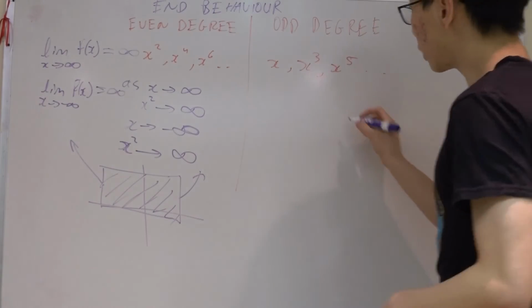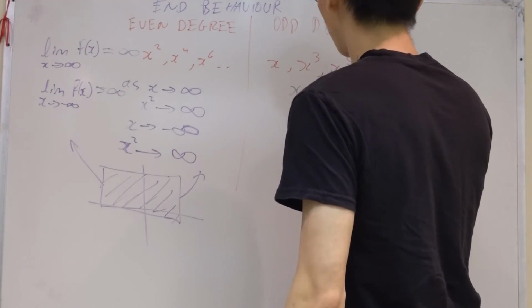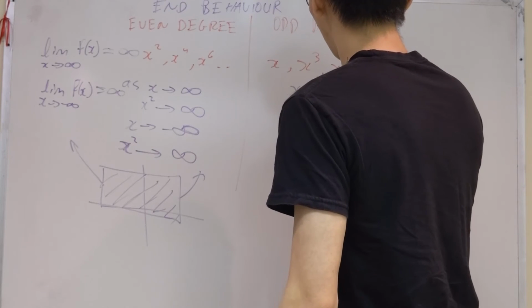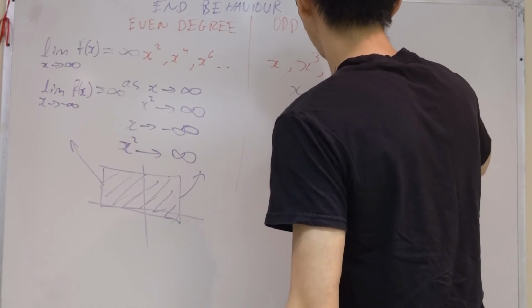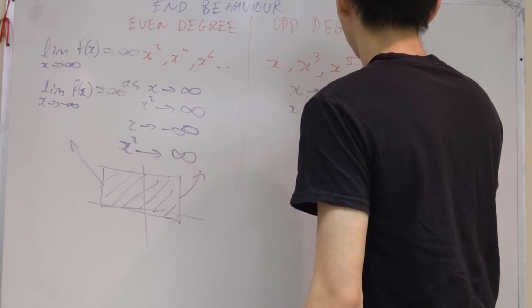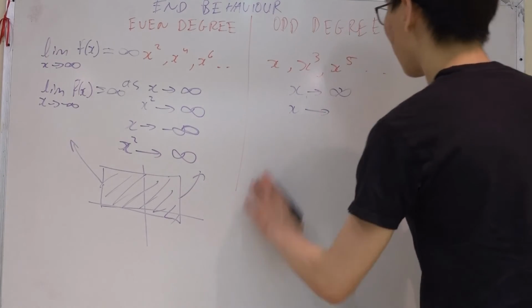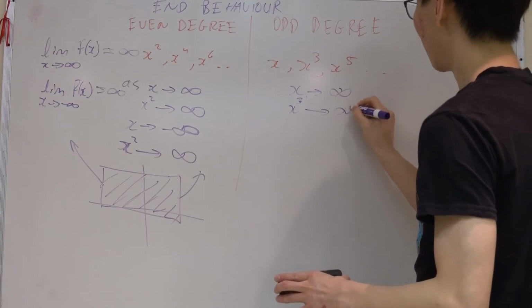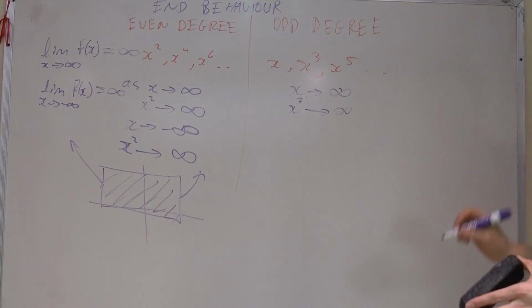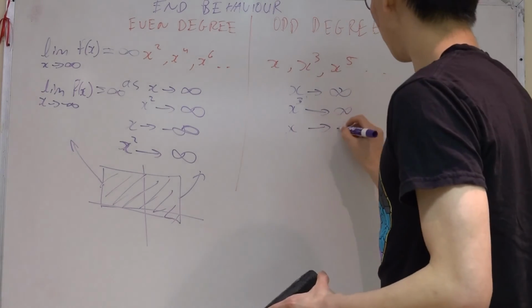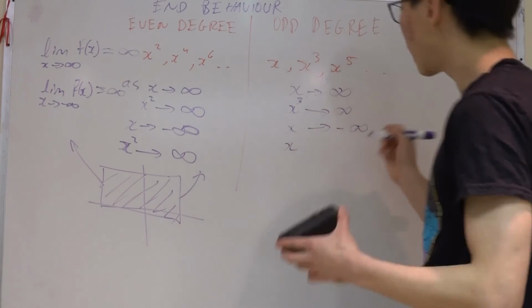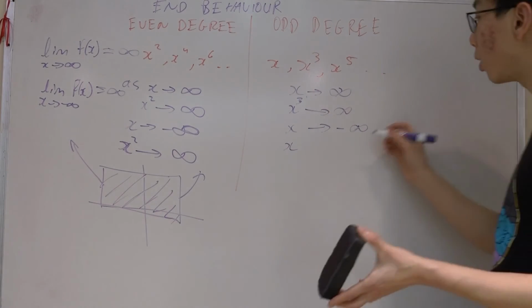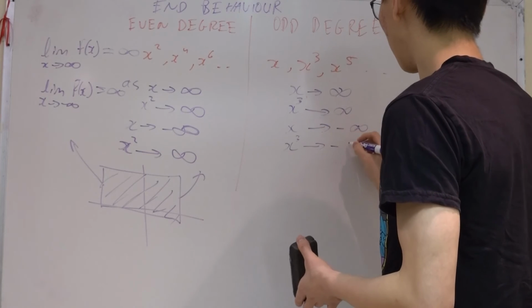The situation reverses itself, right? So as x approaches infinity, x cubed, or let's just do x, well, I don't even have to write anything, but let's just do x cubed. So x cubed approaches infinity, but as x approaches negative infinity, that's a negative number to an odd power, so that will also approach negative infinity.